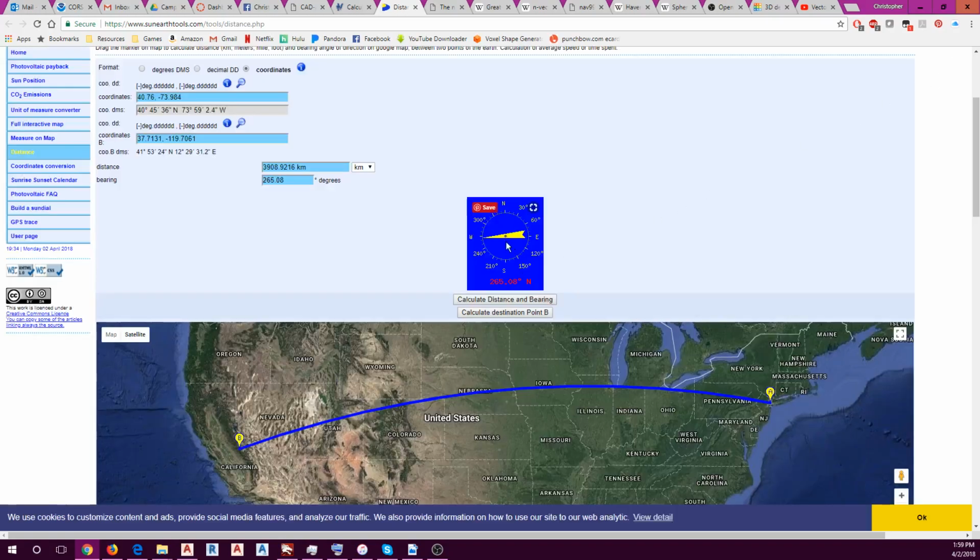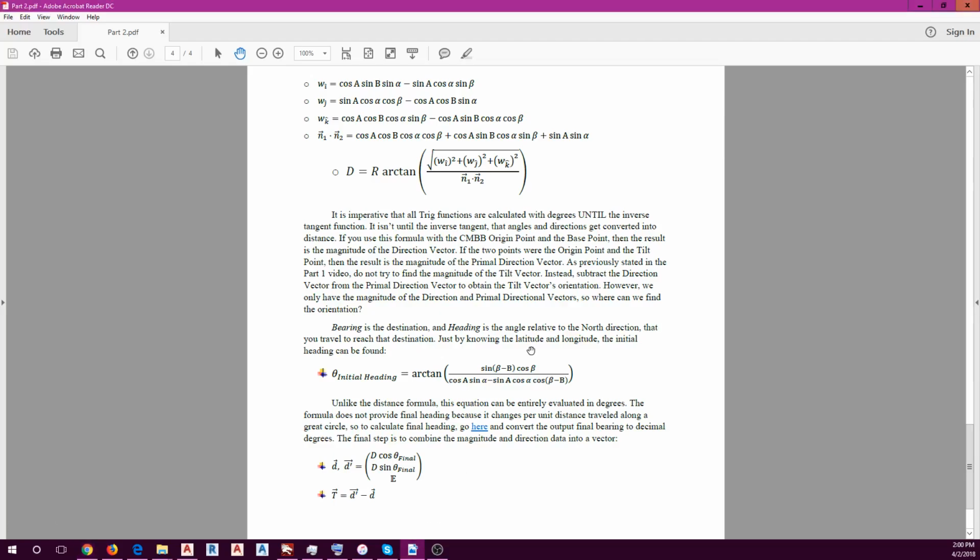Notice that it starts at 0 degrees on the north and it goes clockwise. So the bearing is the destination itself, and heading is the angle that you have to travel to get to that direction.